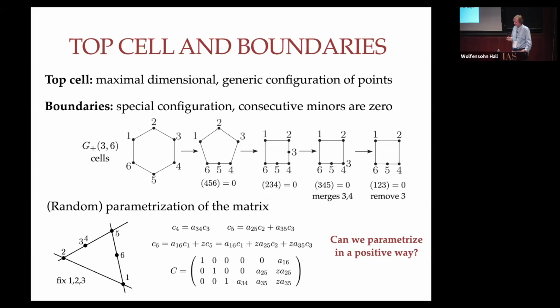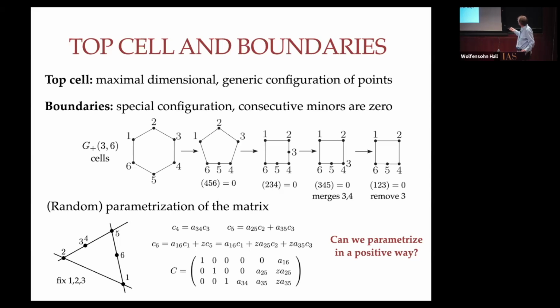by setting the consecutive minors to 0. So for example, for this G plus (3,6), points in P2, we start with this configuration, and then let's say we send minor 4, 5, 6 to 0, pushing points 4, 5, 6 to be on a line. And in addition, we can set 2, 3, 4 to 0. These 3 points are on a line.